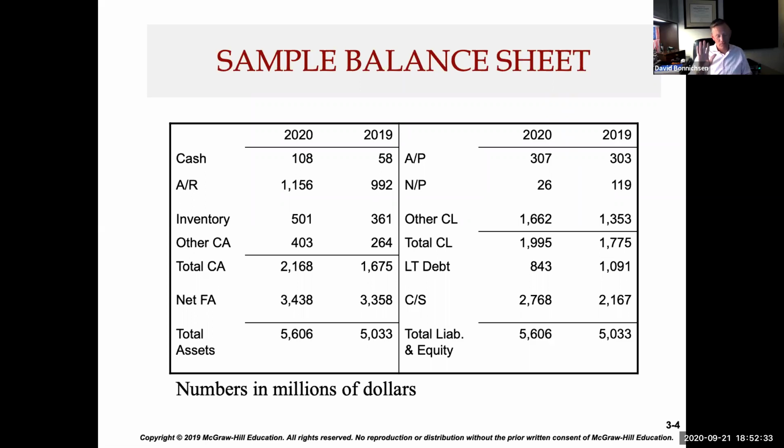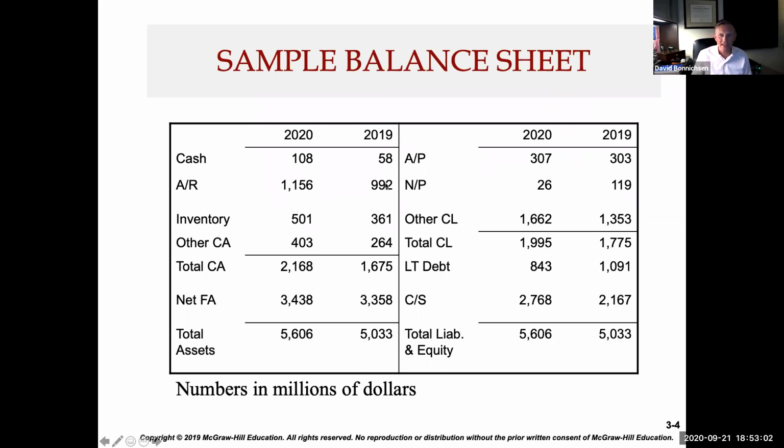Now, let me take one step back. I said that they're taking longer to pay you. That may not necessarily be the case. It could just mean they're buying more and therefore the balance they owe you is growing larger as a result of the increase in sales that you experienced, okay? Or it could be that they renegotiated their payment terms to pay you over a longer period of time.